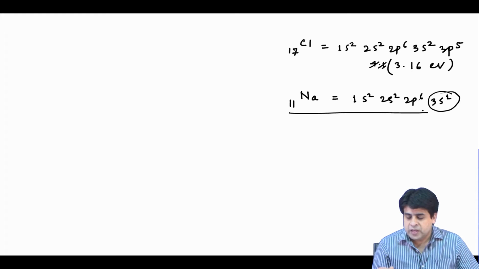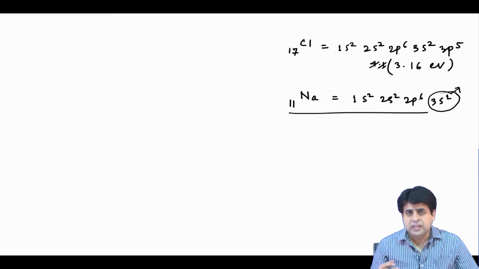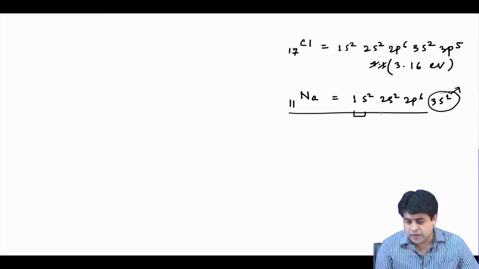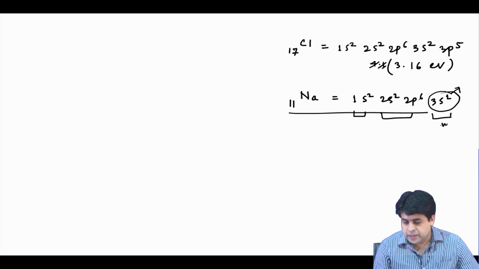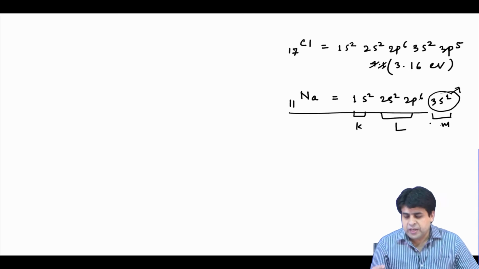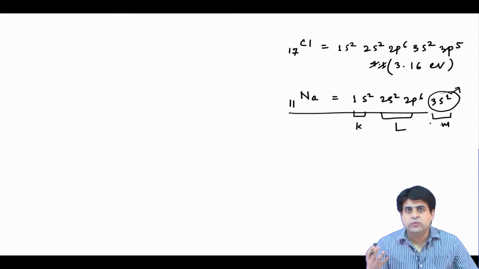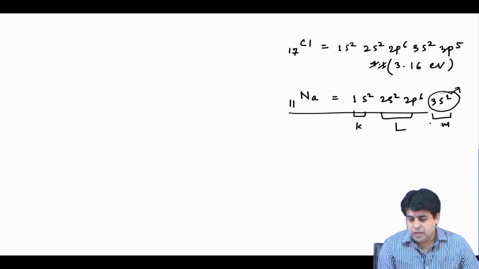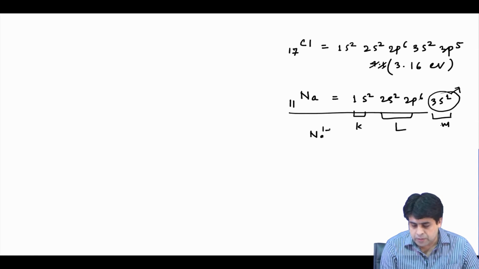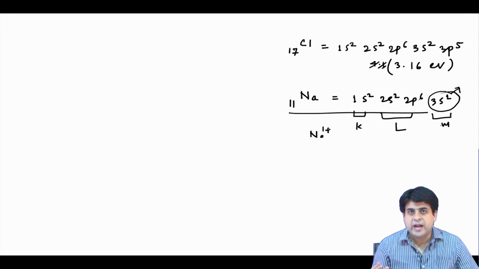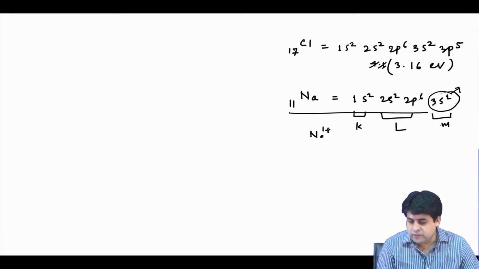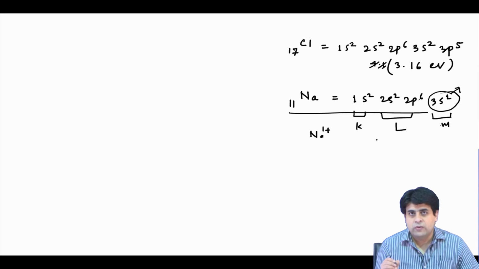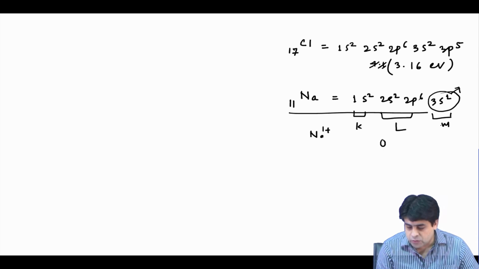For sodium it is very easy to just remove the one electron in the outer shell. You have a K shell, an L shell and an M shell, and in the M shell it has one extra electron. It can remove this electron and become sodium 1 plus. Because of that it has a very small electronegativity, close to 0.93 electron volt.